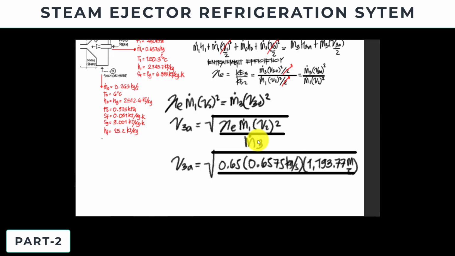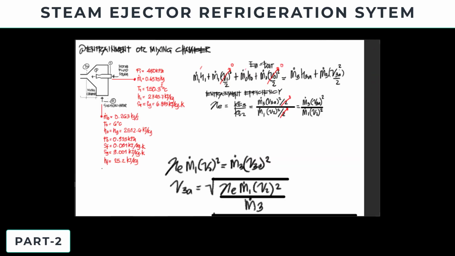Now solving that one, we don't have the value for the mass flow rate 3, so let me try to solve this one. Now our mass flow rate 3 is the sum of your mass flow rate 1 plus the mass flow rate O. Where your mass flow rate 1 is 0.6575 kilogram per second, then we have 0.263 kilogram per second.